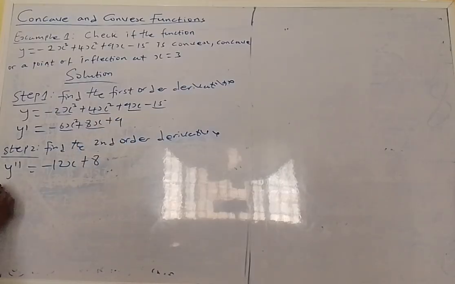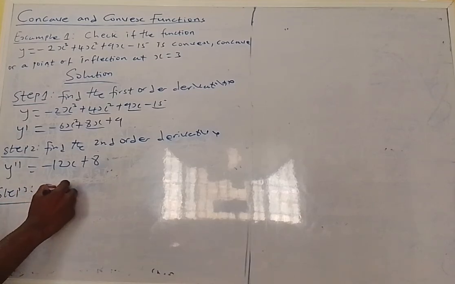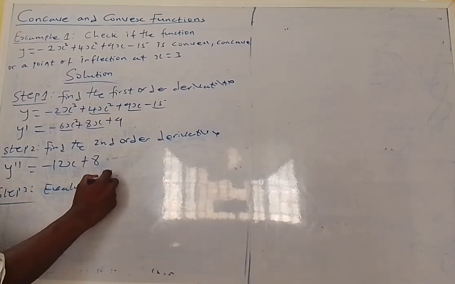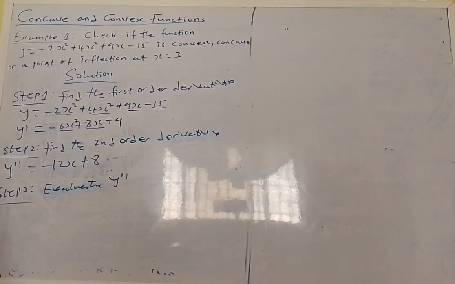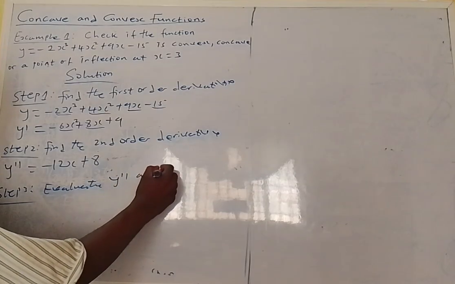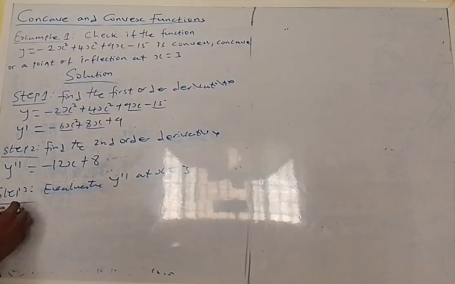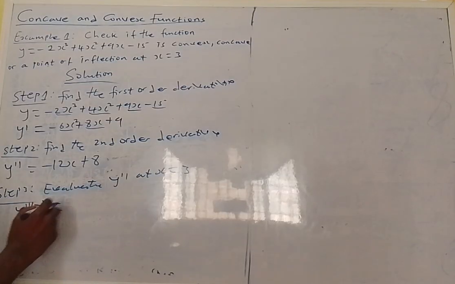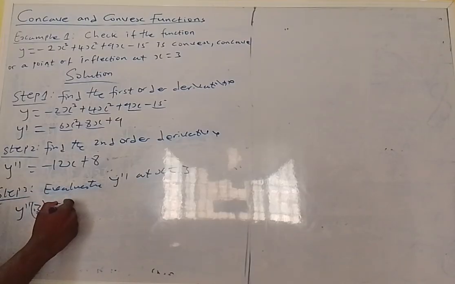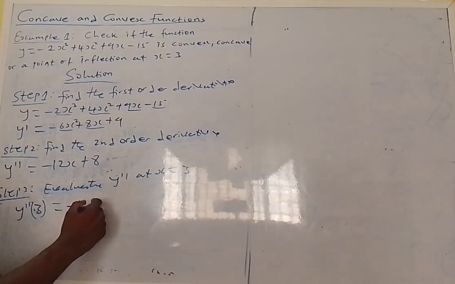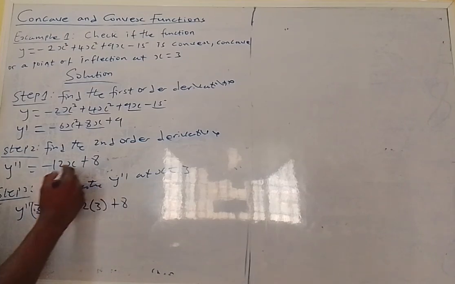Now the last step, step 3, says we should evaluate y prime prime, the second order derivative, at x equals 3, because that's what we are given. So y prime prime evaluated at 3 equals, whenever we see x, we put 3, so we have minus 12 times 3 plus 8.